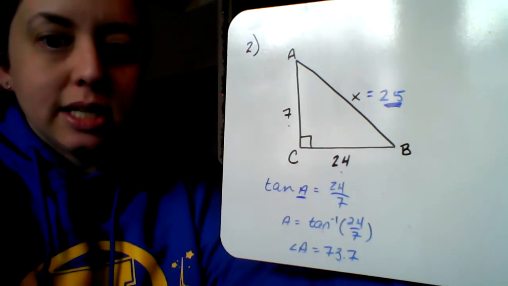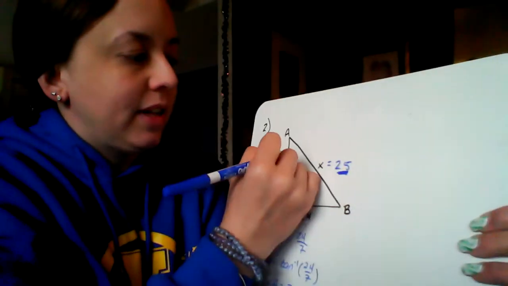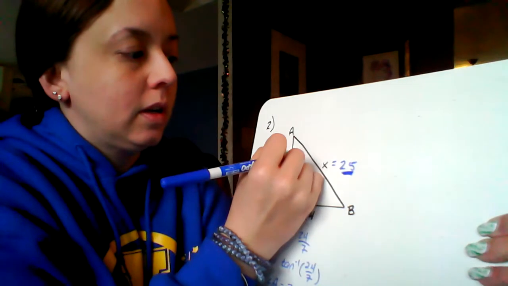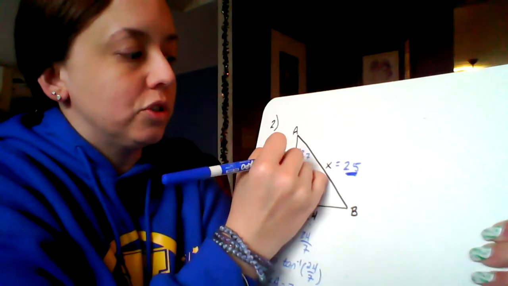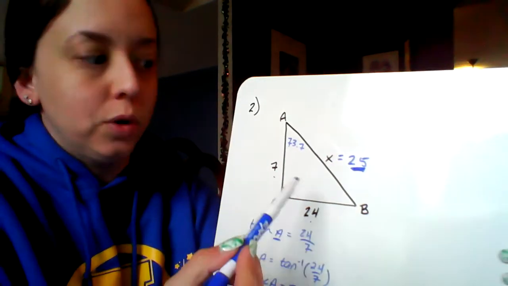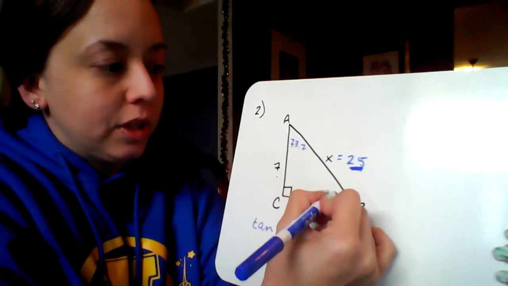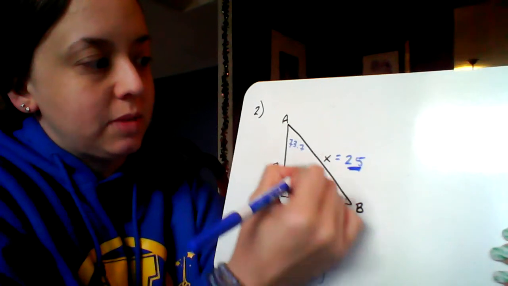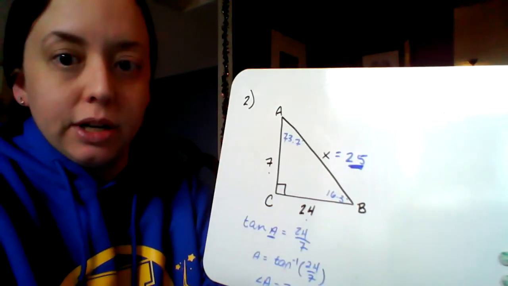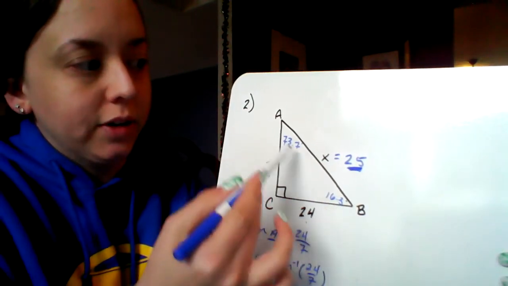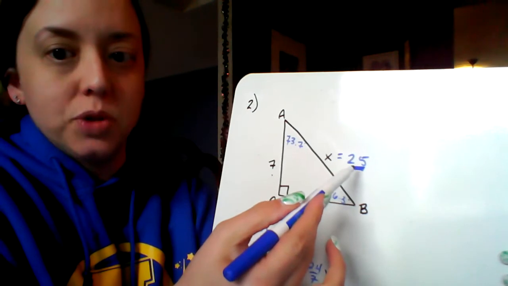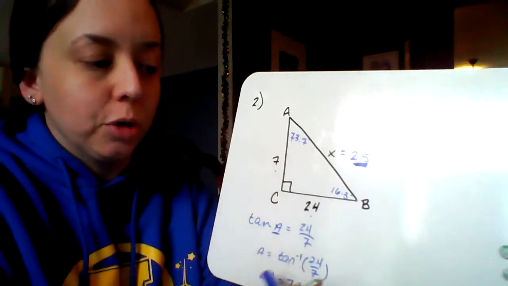Now, once you have that 73.7, I don't even need to use any other trig, because if I know 90 and I know 73.7, then I know that this one must be 16.3 degrees. So you've got 16.3 degrees, 73.7 degrees, and 25 on that hypotenuse using your Pythagorean triples. Okay?